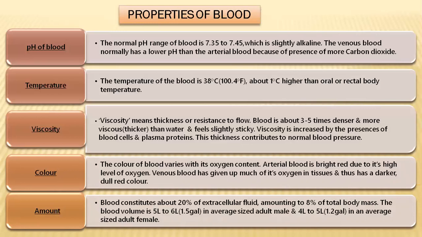And you know the conversion from liters to gallons: 1 gallon is almost equivalent to 3.75 liters. So the main point here is that males have more blood as compared to females, which makes sense, right?